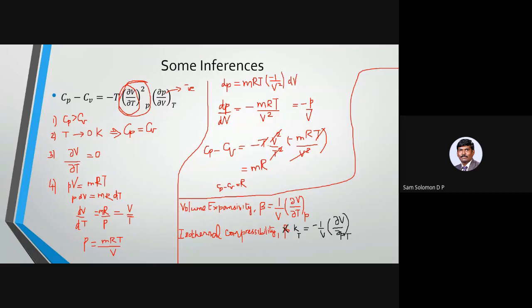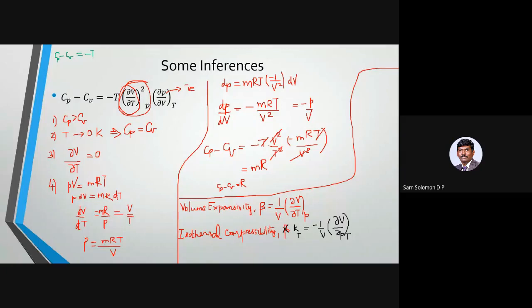Let me try and use another color. So Cp minus Cv, no change on the left hand side. What I require is 1 by V the whole squared, because this is a square term.